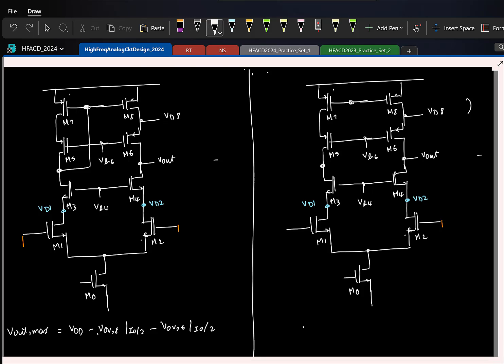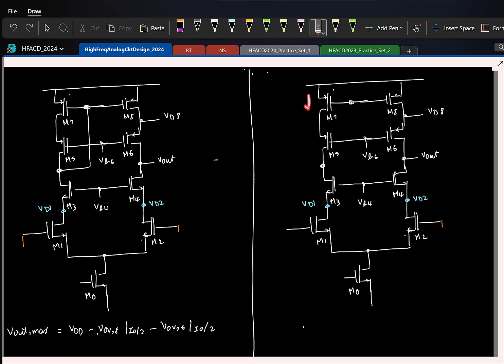Please recollect that we came to this telescopic cascode by first constructing a single-ended circuit and then putting two halves together, and then to convert to a single-ended output we decided to generate the bias voltage here. We did it by observing that if the current here is greater than this current, this voltage will increase, so we can connect it. But remember that I can also do it by comparing the current flowing here with the current flowing in the rest of the branches.